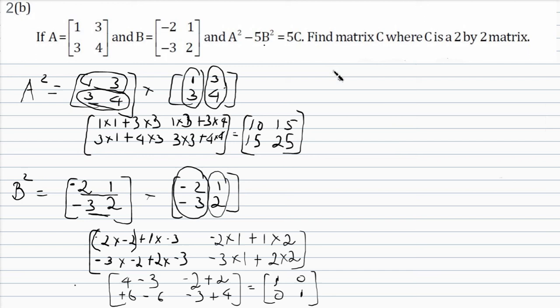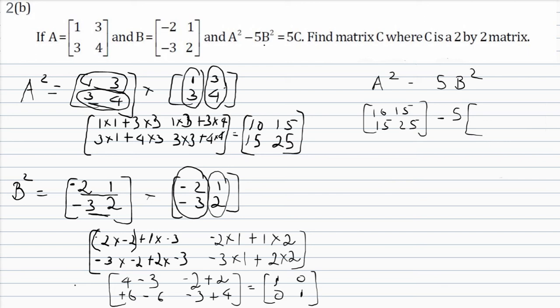So now we need to find out what is A square minus 5B square. A square we know is this matrix 10, 15, 15, 25, minus 5 times B square.